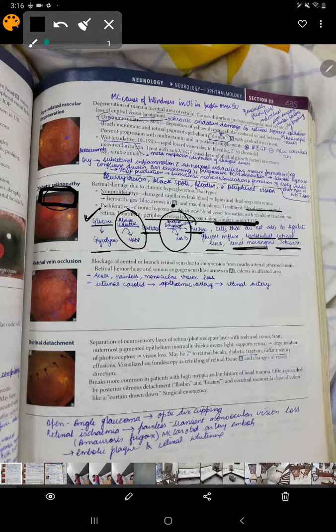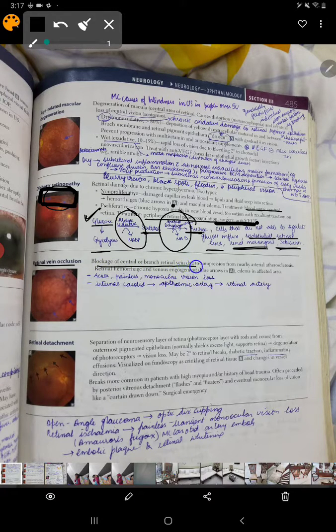So these two areas, I think they don't require regulated influx. I don't know, let's not go into that. I'll read up and tell you more about it. I don't know why I'm getting confused over it. I'll read up and tell you.